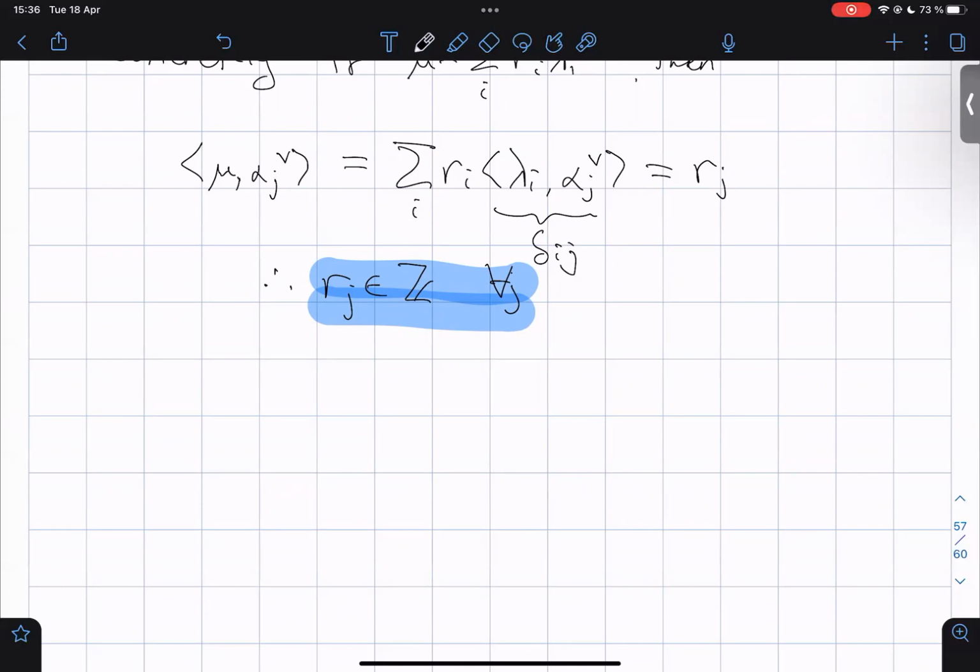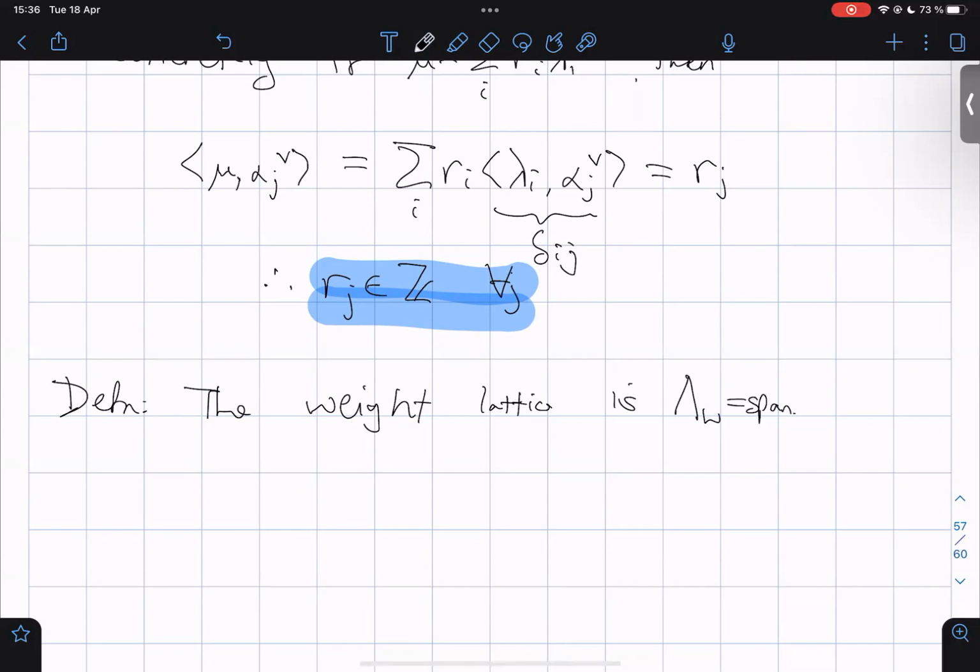So let's take the Z span of these guys. That's the weight lattice. The weight lattice is the Z span of the fundamental weights.